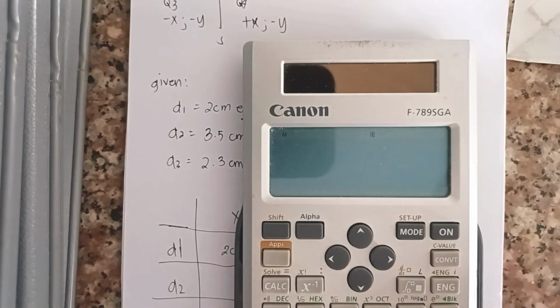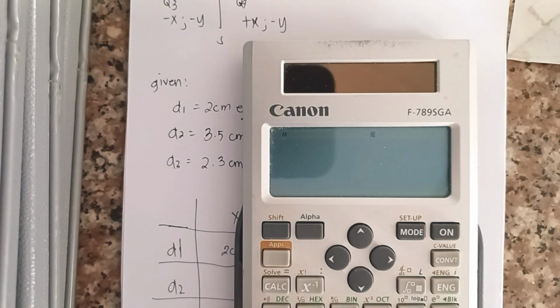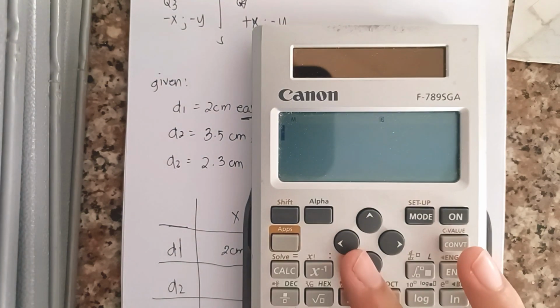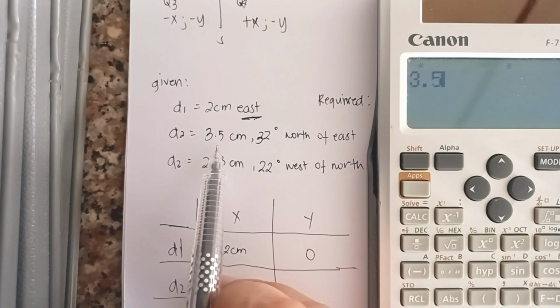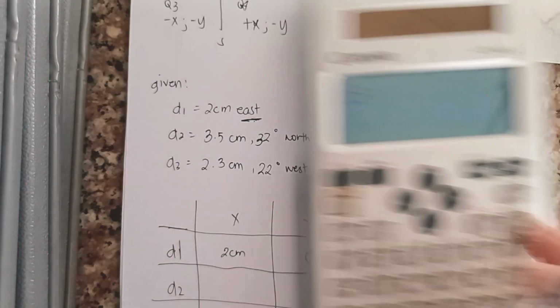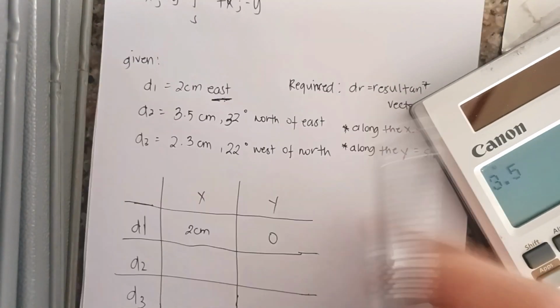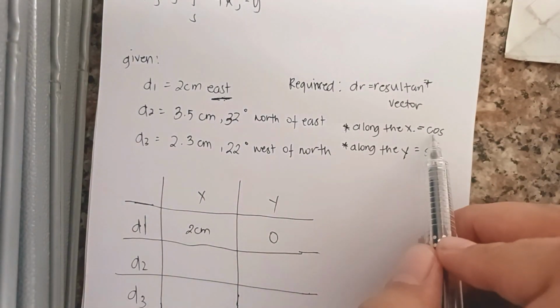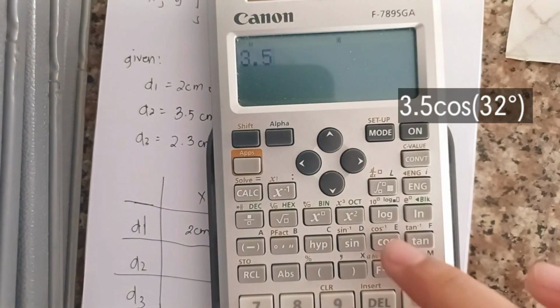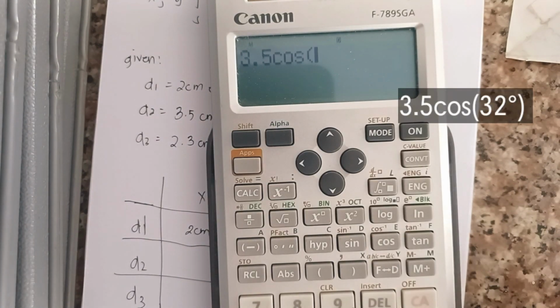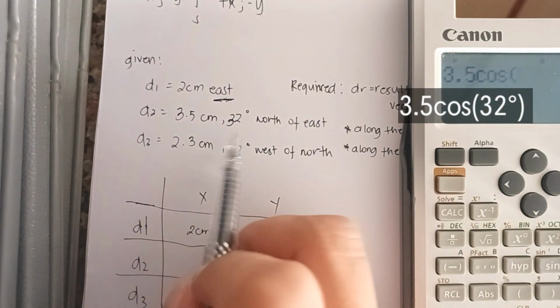Okay, ganito po siya. Ipa-plot sa inyong calculator. So, 3.5. Again, X muna tayo. Kapag X ang ating isa-solve, we will use the cosine. Okay? So, 3.5 cosine. And then, we will enter the degrees.